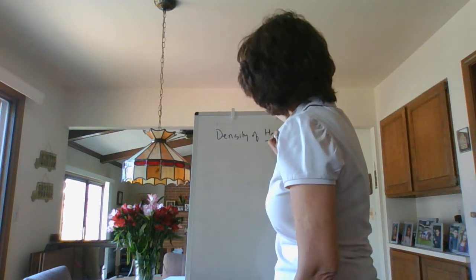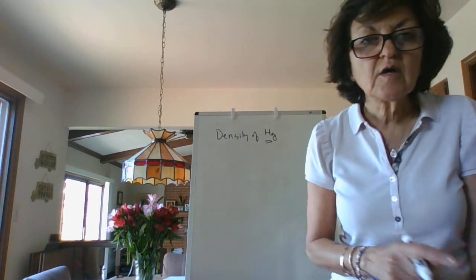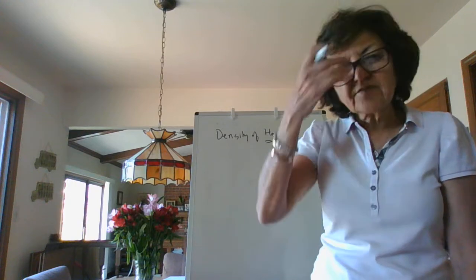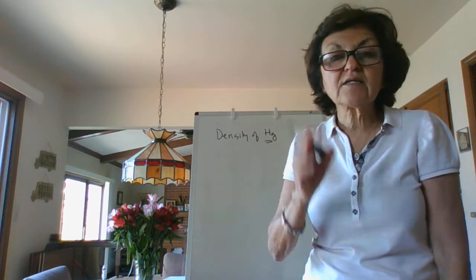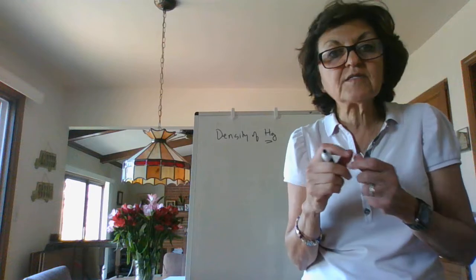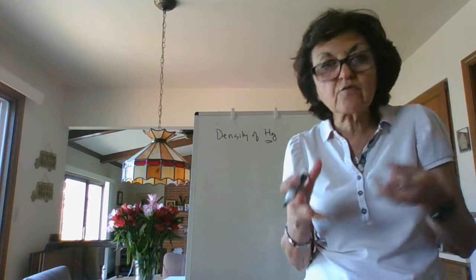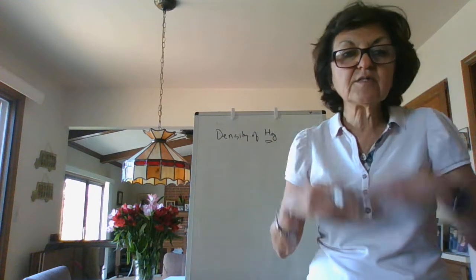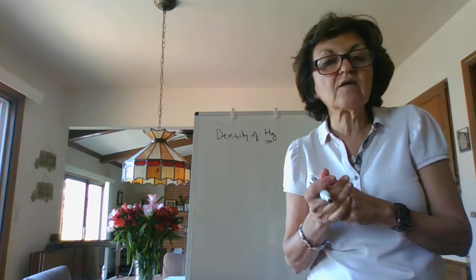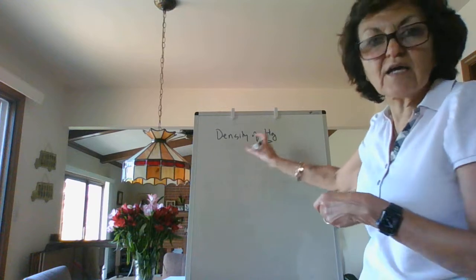Hg is mercury. At the end of chapter 1, I'm going to give you a heads up on all the elements you're going to need to know in chapter 2, because in chapter 2 we dive right into elements and compounds and naming things. But anyway, Hg is mercury.